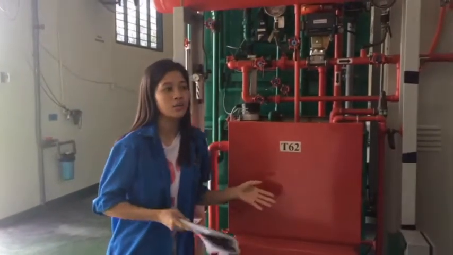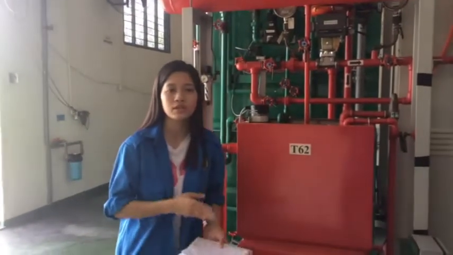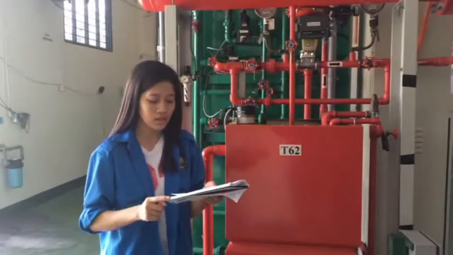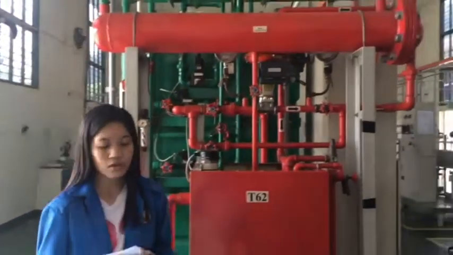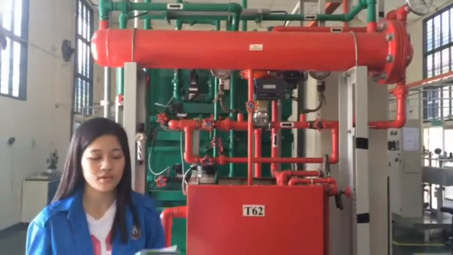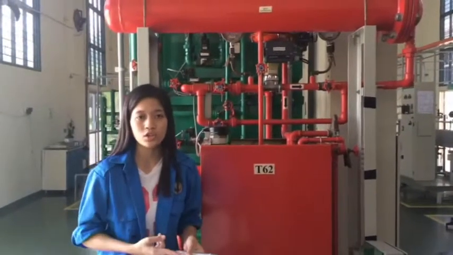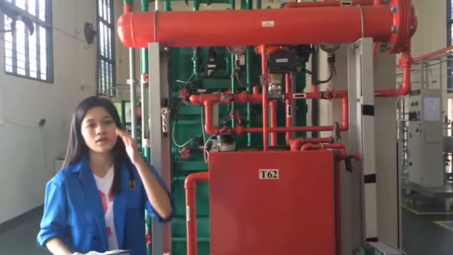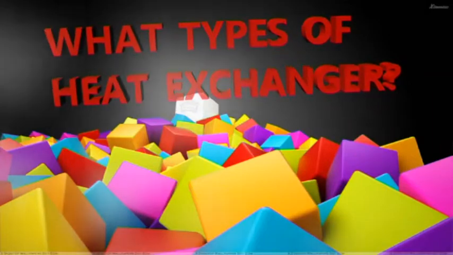Here we use either a PID controller, which stands for proportional, integral and derivative controller, or an on and off controller to control this equipment. Generally we have two most common types of heat exchanger, which are shell and tube, and flat or fin. Here we are going to focus on shell and tube heat exchanger.